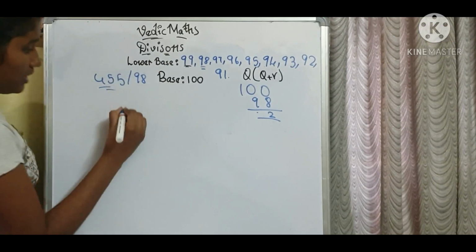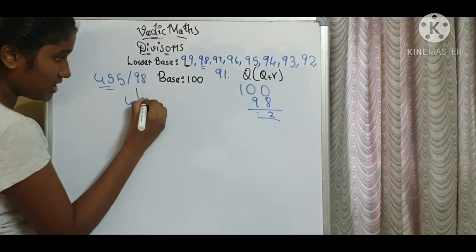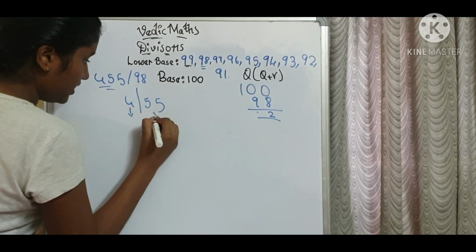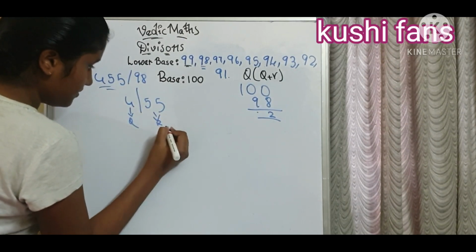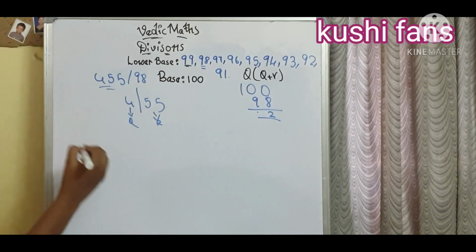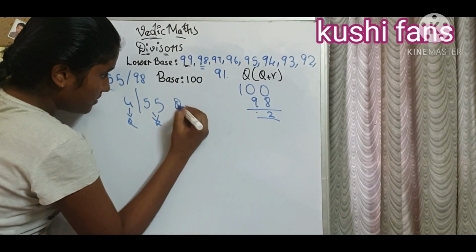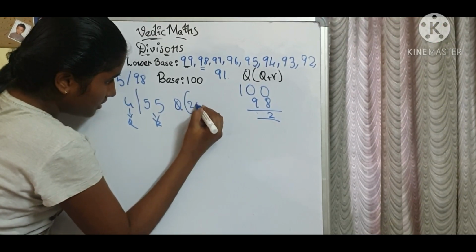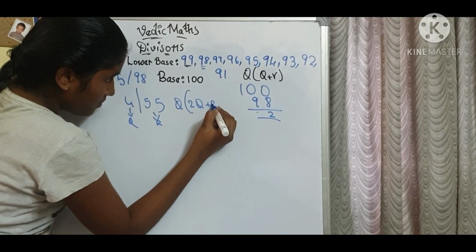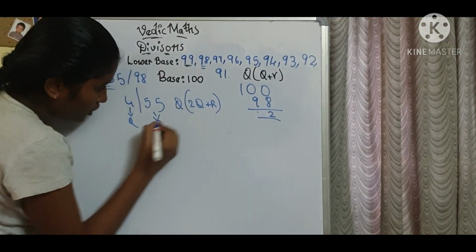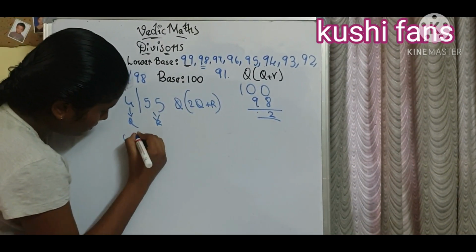Now here we have to put a slash after 2 digits. This is my quotient and this is my remainder. Now we will go into the sum. First, how to substitute, this will be my formula. The quotient is 4.